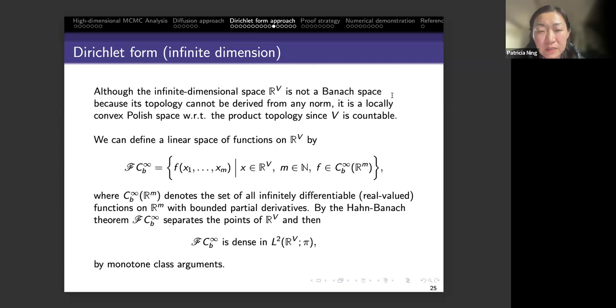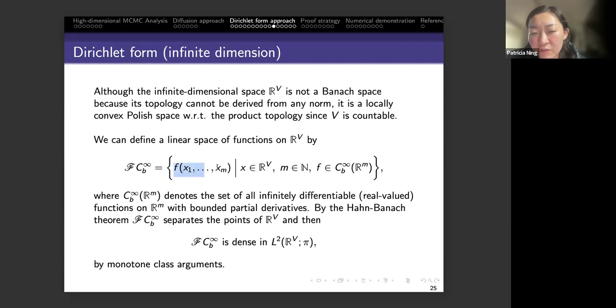A Polish space is a locally convex, completely metrizable space with respect to the product topology because its weight is countable. We can define a linear space of functions on this R^V by this curly F, C_b^∞.